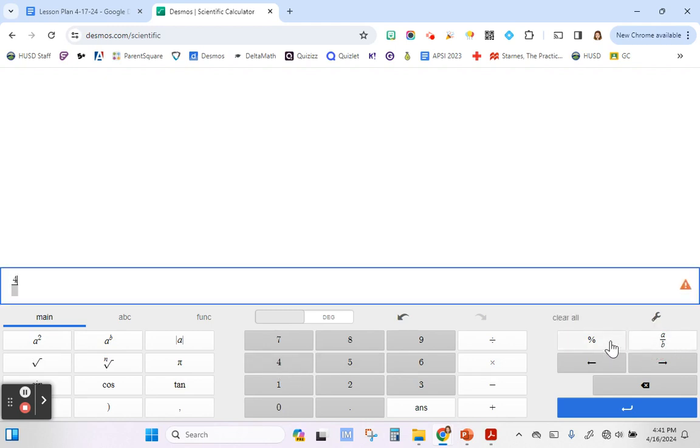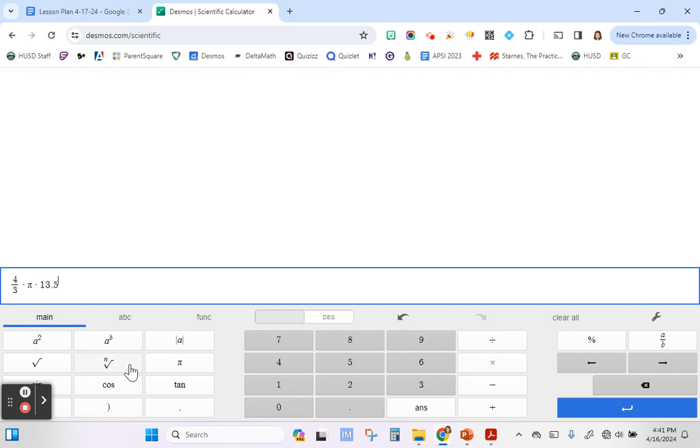So I'm going to do 4/3, and that is times pi, so my pi button, times the radius cubed. So my radius was 13.5. And to do the cubed, we used the squared before. The cubed, you can use that and then delete the 2. So I'll show you what that looks like. And then delete it and turn it into a 3.